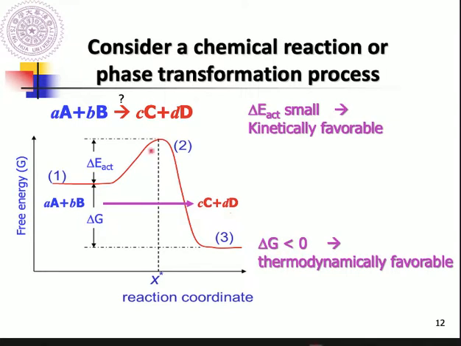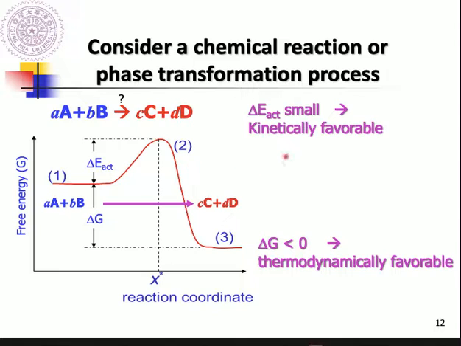That depends on the activation energy, and this is similar to the system inertia we just mentioned. So as long as the activation energy is small, then it is kinetically favorable. That means you can speed up the chemical reaction.